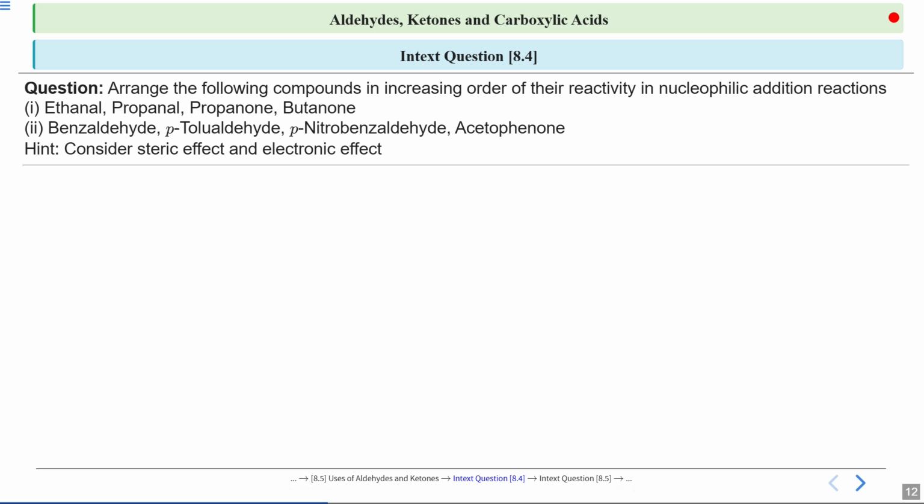So, two options are given, 1 and 2. You have to arrange these 1 and 2 according to the reactivity in nucleophilic addition reactions. Okay, and an additional hint is given to you that you need to consider steric effect and electronic effects. Okay, so I'll give you 30 seconds to think about this question and then we will discuss.